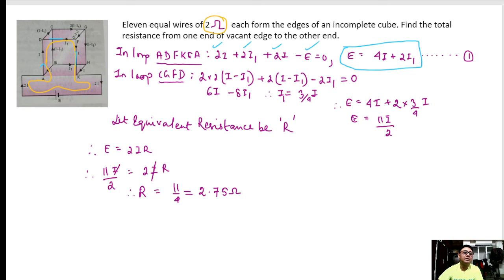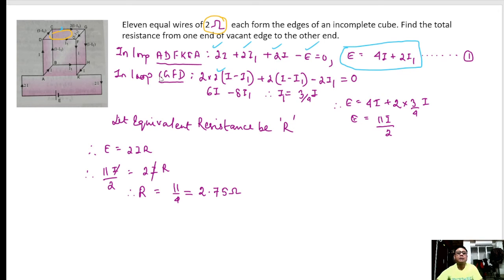Now let us apply the Kirchhoff's law again to this part, CGFD. We are applying to this part, CGFD. First we will go from C to G. So in the direction of the current, resistance is 2 ohm, so 2 into the current.